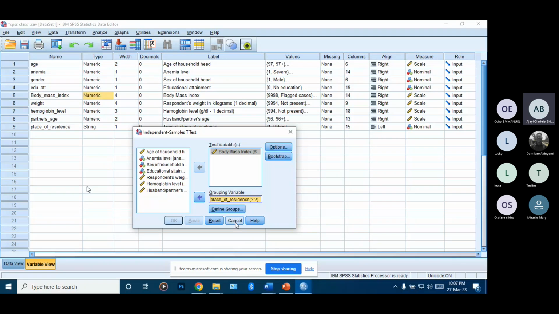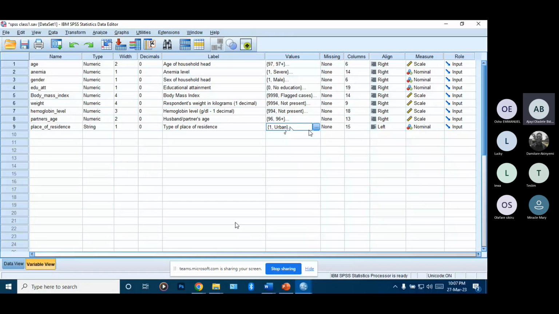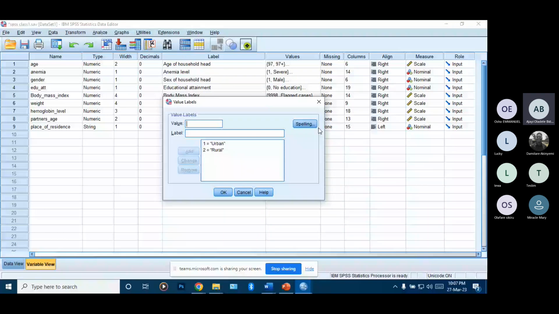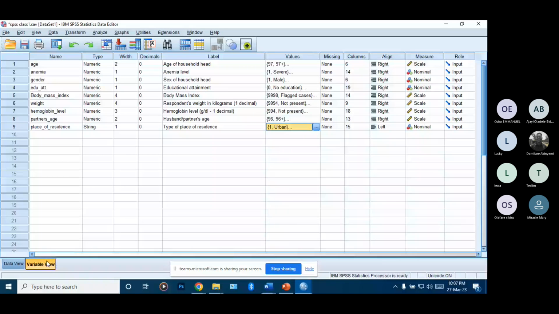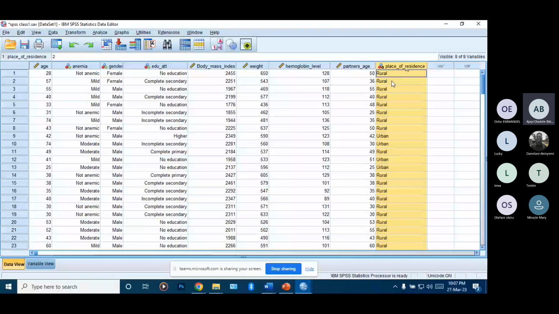For our place of residence in my data set, we have urban and rural. Let's come to our data. Place of residence. Look at them. Rural and urban, both starting with capital letters.